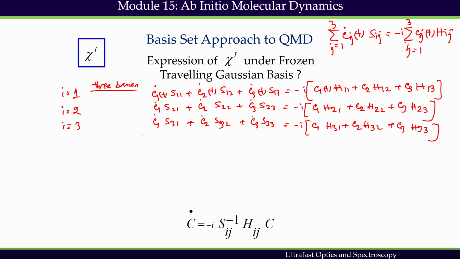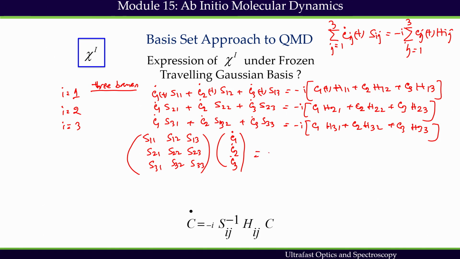And how do I express it in matrix form? I can express it as the matrix S11 S12 S13, S21 S22 S23, S31 S32 S33 multiplied by c1 dot, c2 dot and c3 dot, equals minus i times the matrix H11 H12 H13, H21 H22 H23, H31 H32 H33, multiplied by c1, c2, c3.